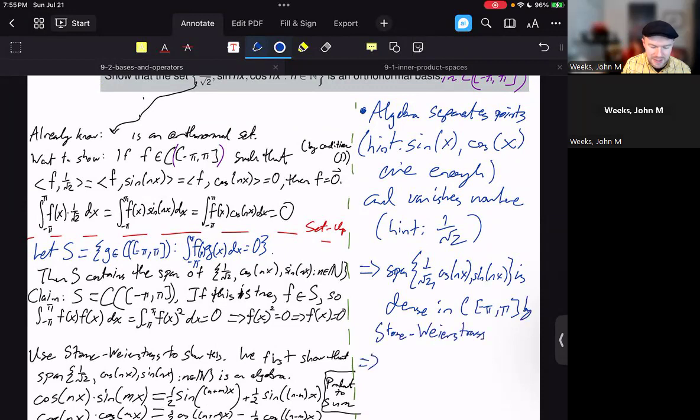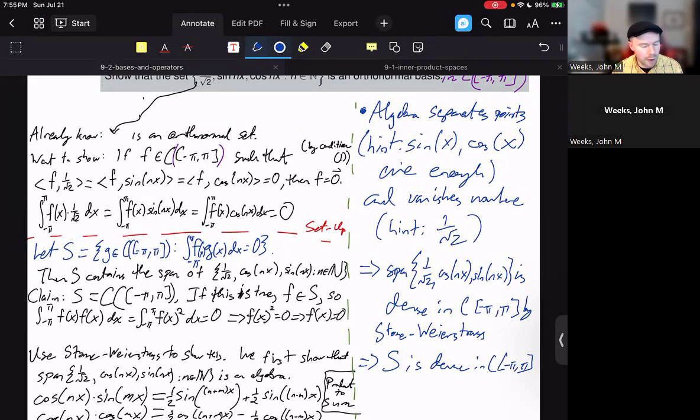This will imply that because S contains this, S is dense in the continuous functions from negative pi to pi, where S was the set that we defined to be all of those functions which integrate against the function f to give me 0.